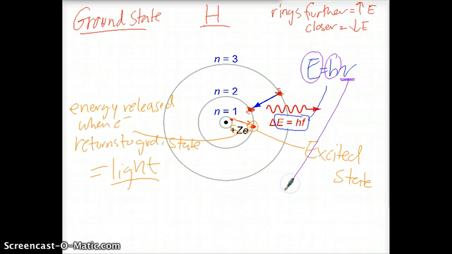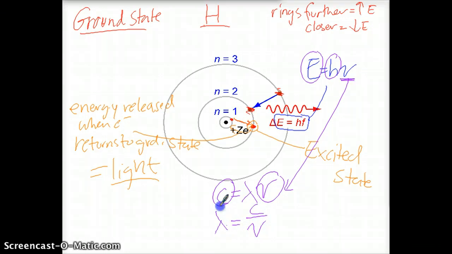And then if we know that the speed of light is equal to lambda times frequency, and now we know the speed of light and the frequency, we know that lambda is going to be equal to the speed of light divided by the frequency. So we could predict exactly what the wavelength of light should be for atoms, theoretically, based on the energy that it takes to move between ground states and excited states. We'll do problems like that in class.